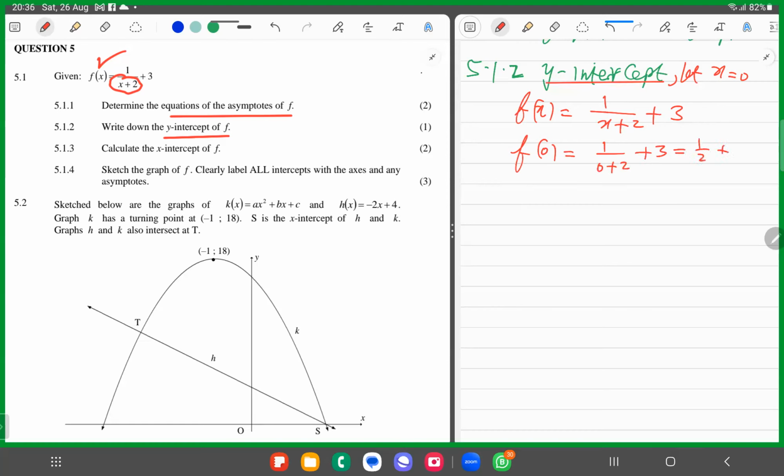So this is 1/2 plus 3. The LCD is 2. Divide 2 by 2, you get 1 by 1. 1, 2 divided by 1 is 2 by 3, 6. And then this is 7/2.